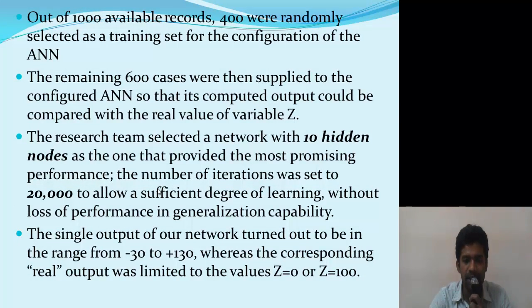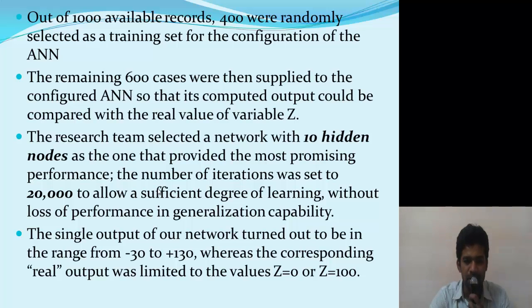Out of 1000 available records, 400 were randomly selected as the training set for configuration of the ANN, which means artificial neural network. The remaining 600 cases were then supplied to the configured artificial neural network so that its computed output could be compared with the real value of the variable z.